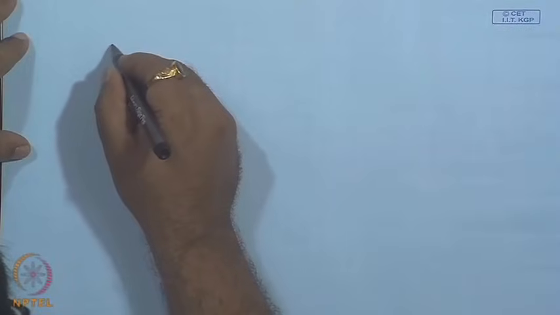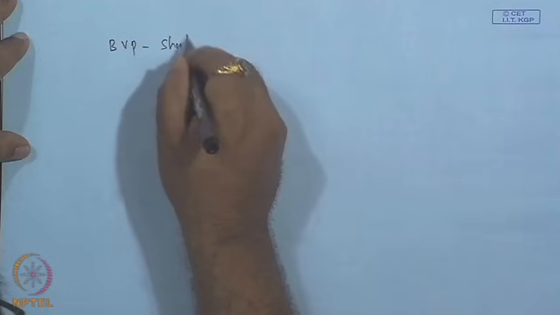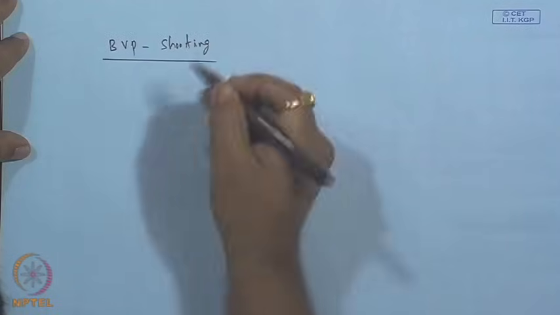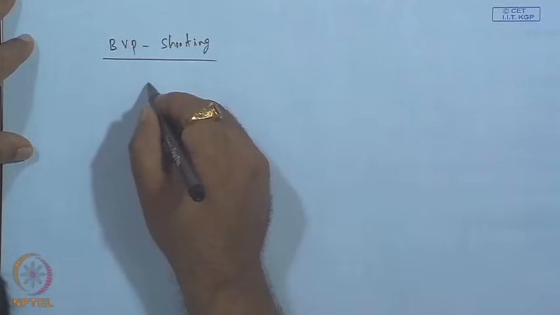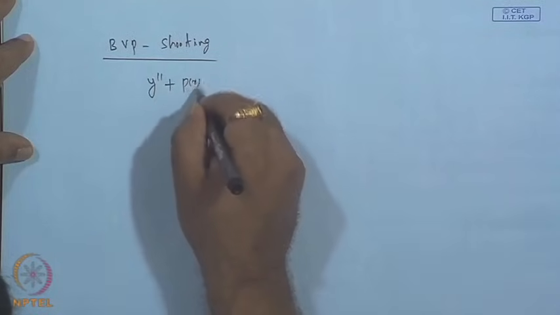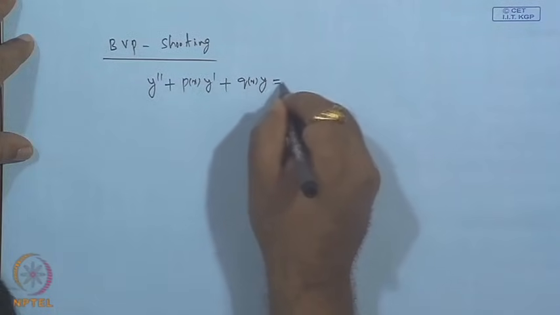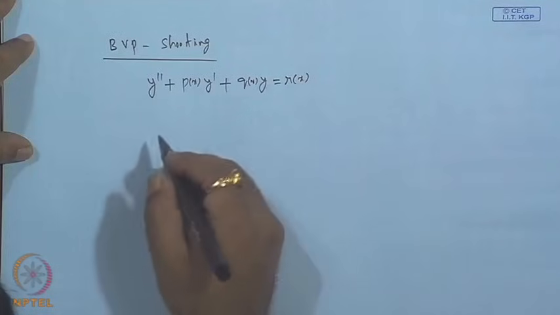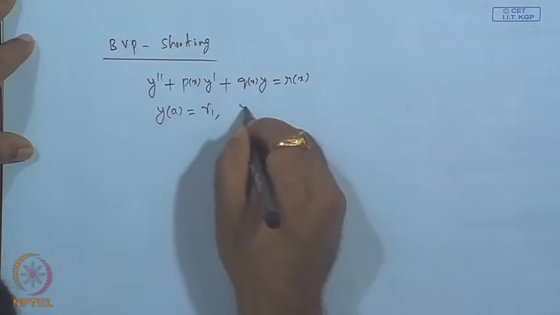In the context of boundary value problem shooting, we have say y double dash plus p y dash plus q y is r of x. Then we have the boundary conditions.